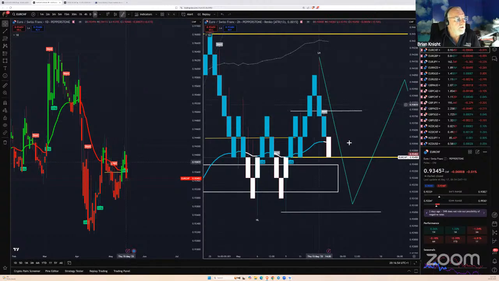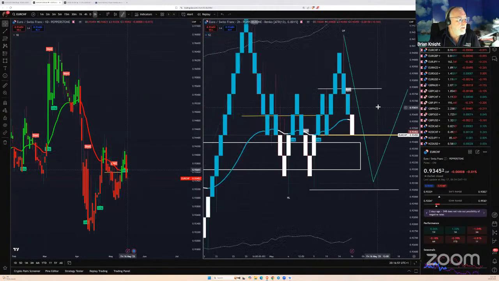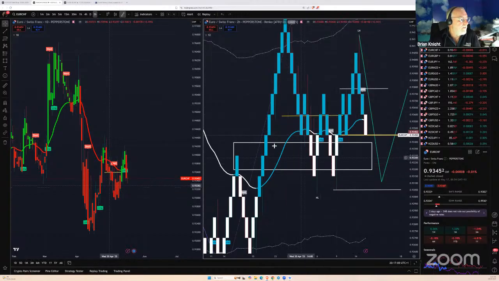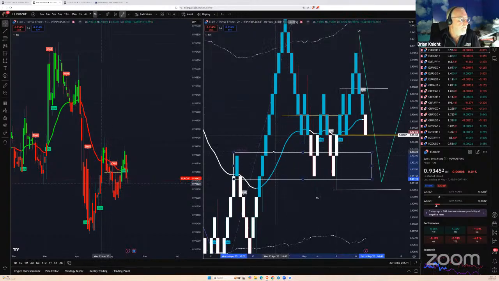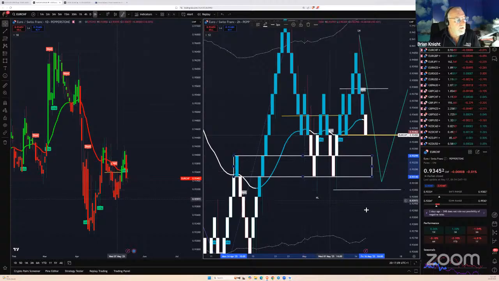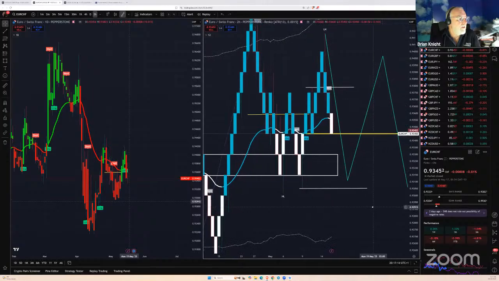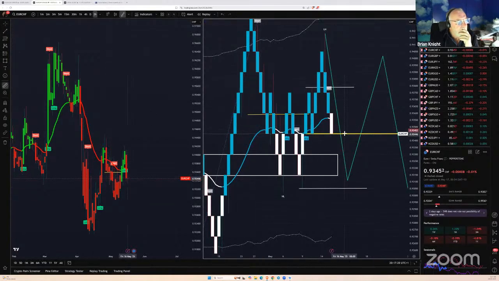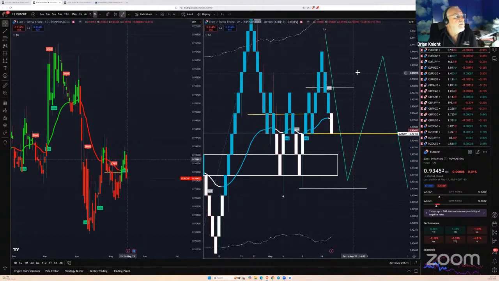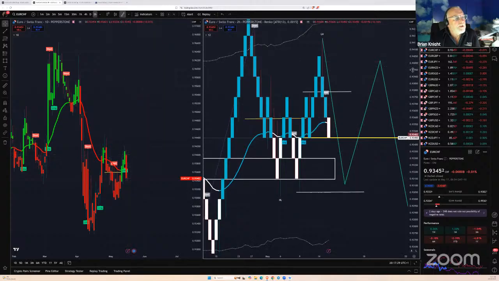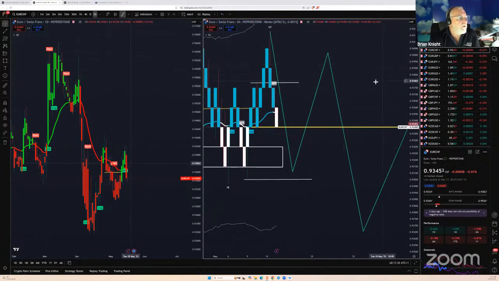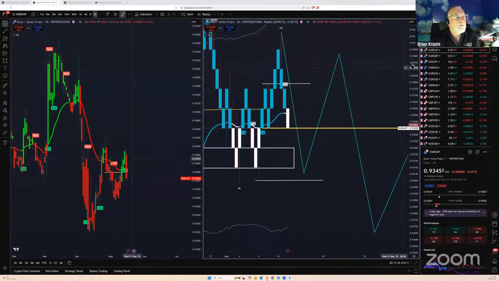Broke that back down. Let's see, move around a bit. Okay, 40 pips. Right, we'll see. It'd be better to get a longer term push down, but we'll see.